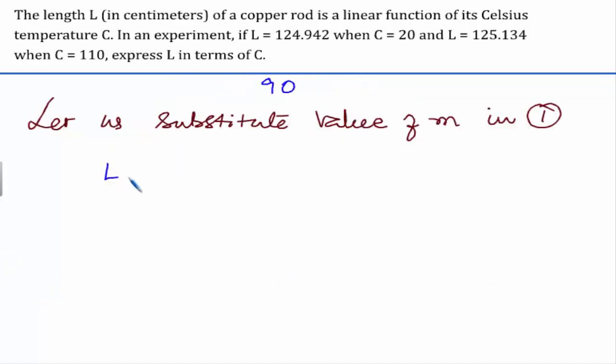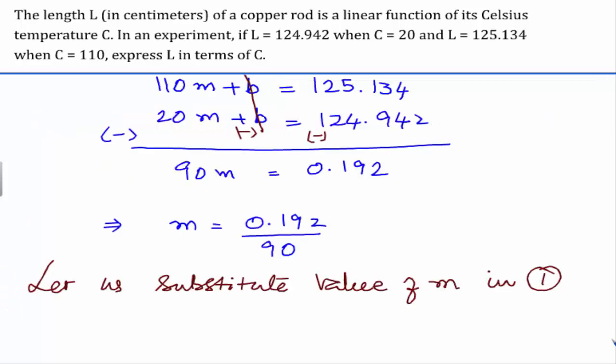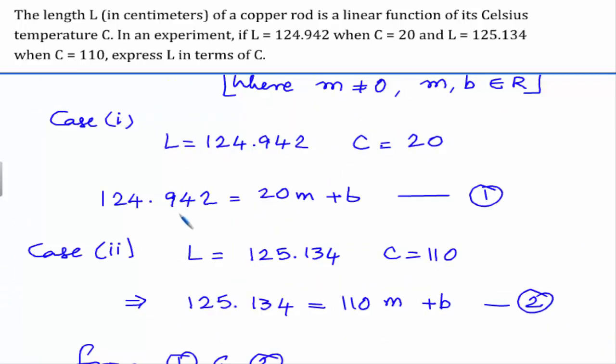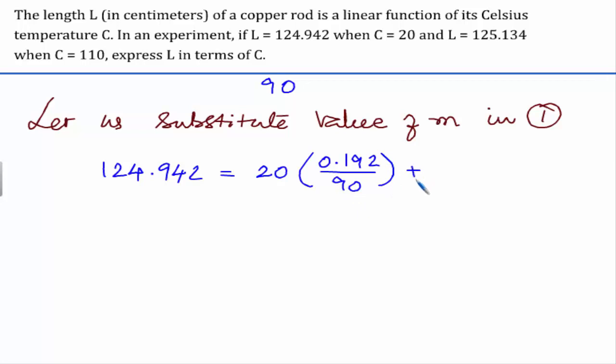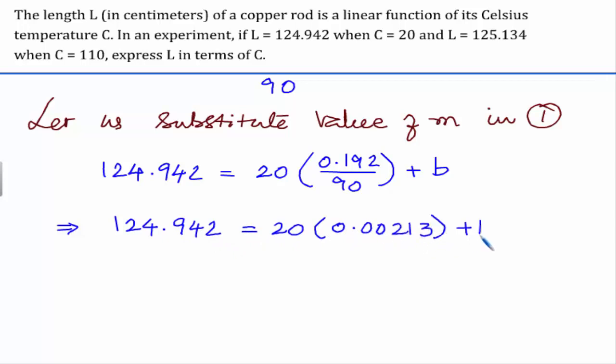That is, equation 1 is 124.942 is equal to 20m, that is 0.192 by 90, plus b. Now this can be written as 124.942 is equal to 20 into 0.00213 plus b.